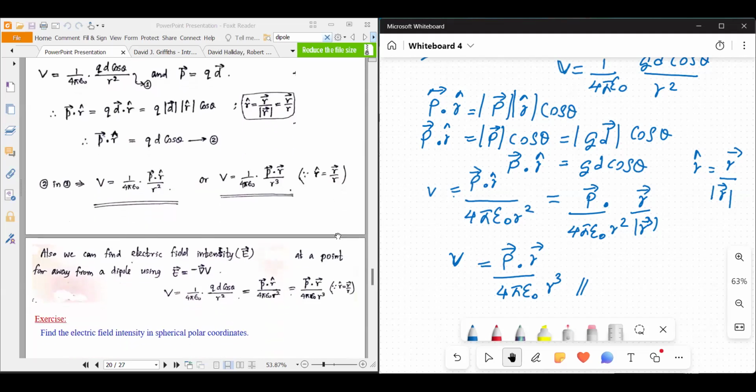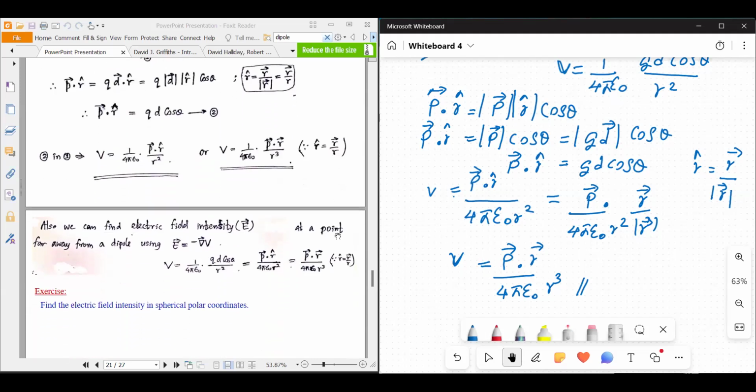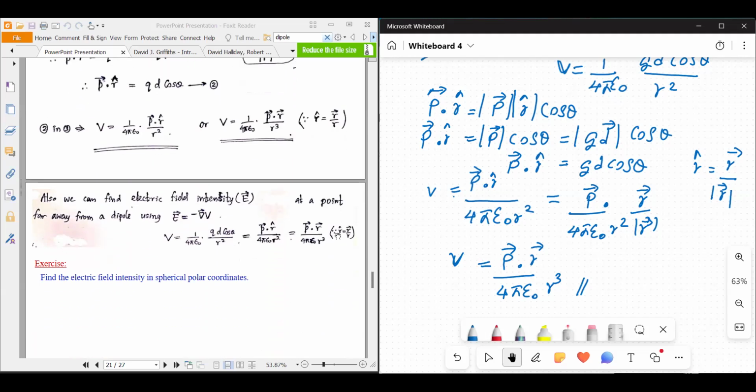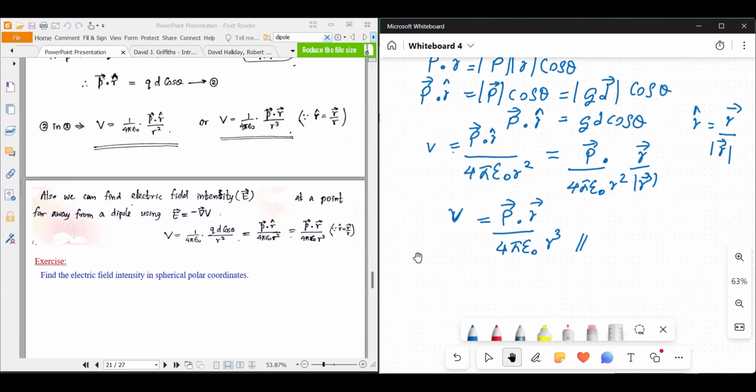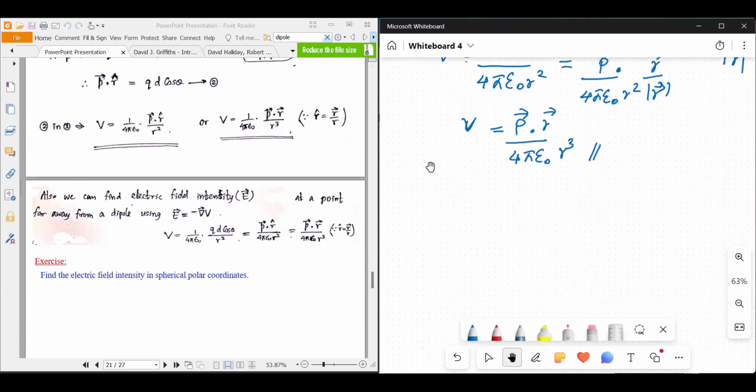Okay. And then once we know the potential, we can calculate the electric field using this equation that we discussed earlier. So let's calculate the electric field intensity in spherical polar coordinates. Now we know the potential, then we need to calculate the electric field.